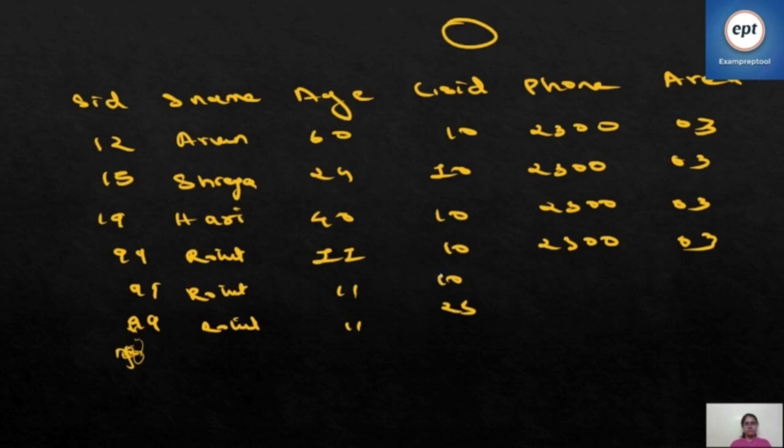Here it should be 25, and here it will be 99, and then 2 1 0 0 2 3 like this, 4, and yes, so these 2 we will have.